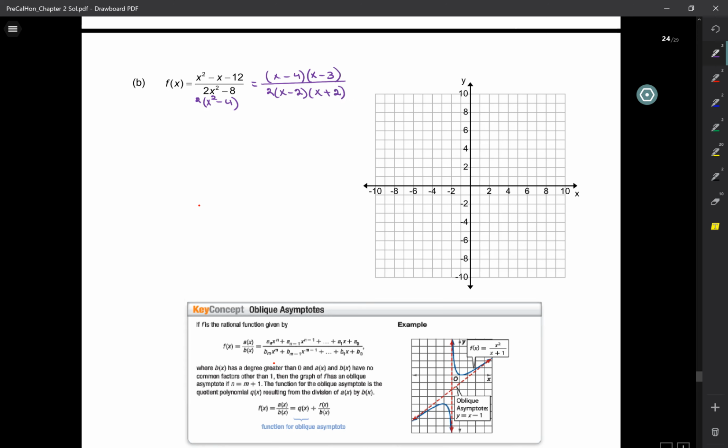All right, so domain, right? It can't be plus or minus 2. My vertical asymptotes are x equals plus or minus 2.